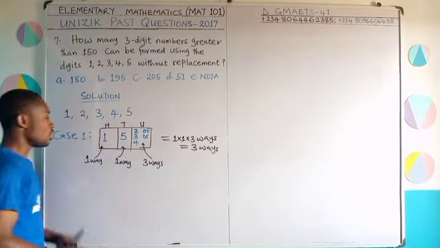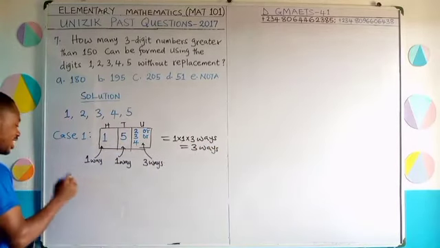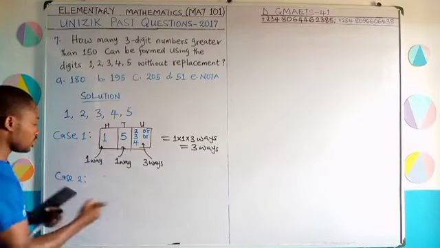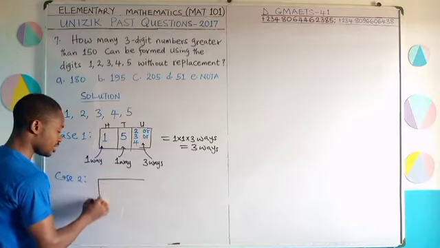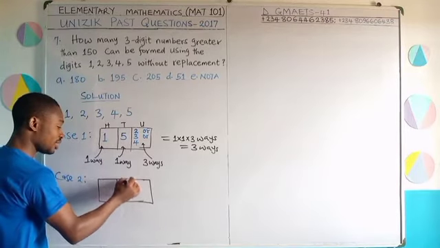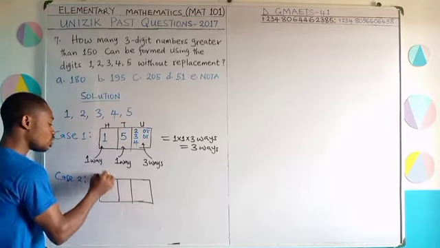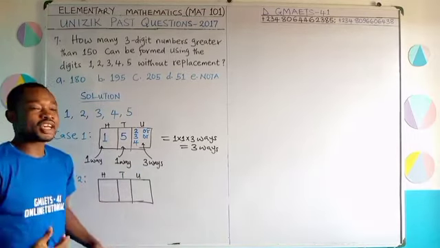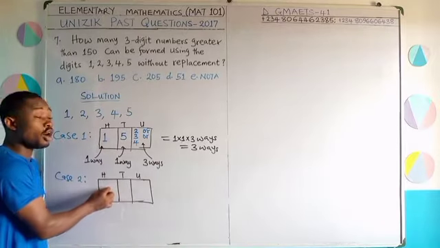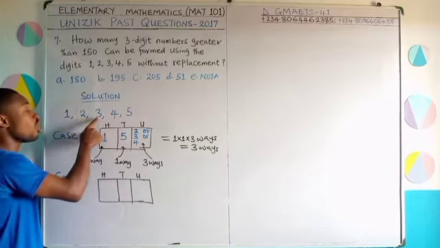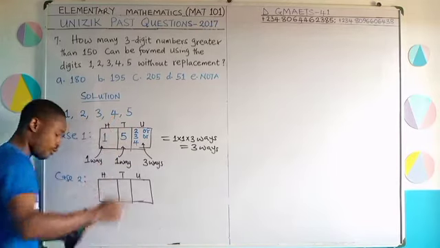Take note of that. We move on to case 2, the freestyle case, okay? Case 2. You'll see why I call this case the freestyle case. In case 2, we have hundreds, tens, and units. In this case, just imagine that you want to fill the hundreds place value with any of the following digits, either 2 or 3 or 4 or 5.